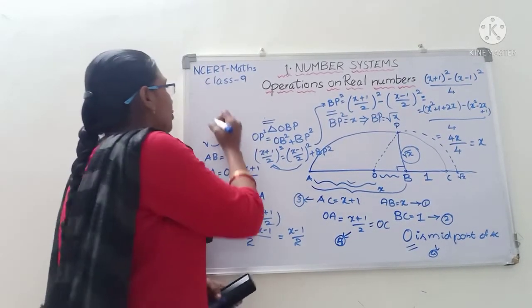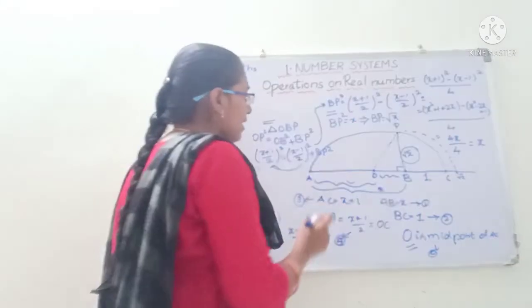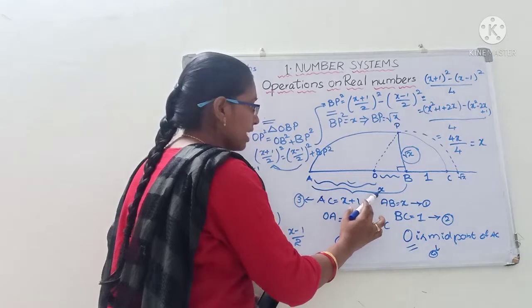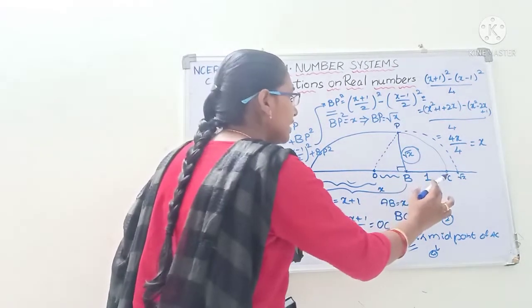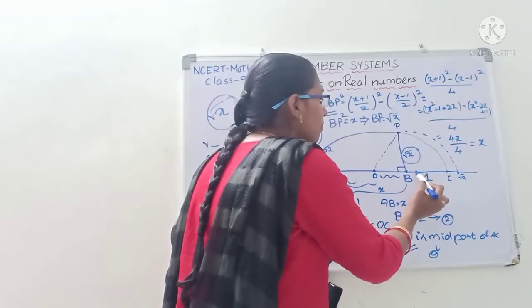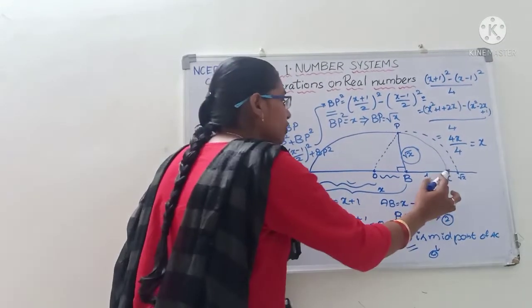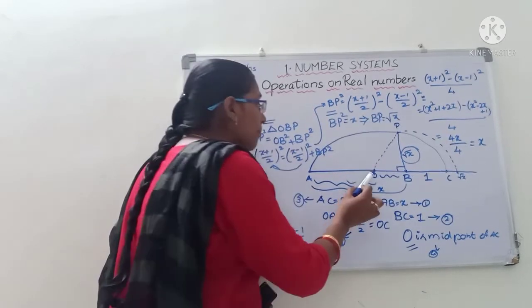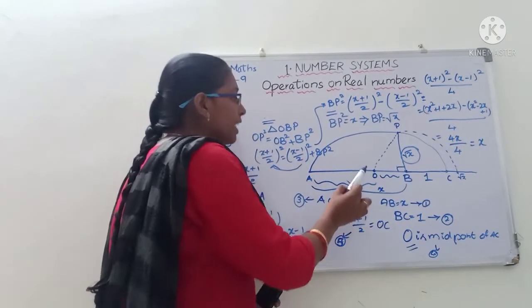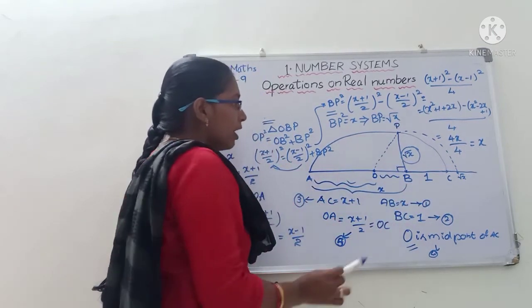So children, to represent root x on the number line, first draw AB of length x units. Then extend AB by 1 unit again, with BC as 1 unit. Then measure AC and mark the midpoint as O. Then with radius OA, draw a semicircle.